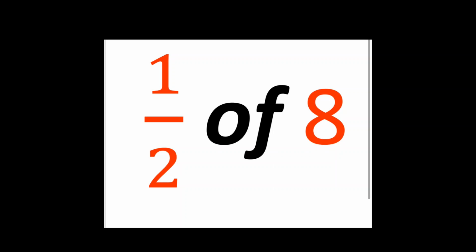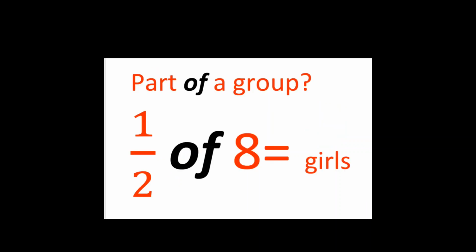Another instance in which you would have to multiply is if you're looking for a part of a group. Right here, we're going to look for a half of a group of 8. Of in this type of story means to multiply. So if you're looking for a part of a group, you have to multiply across because of means to multiply in this scenario.